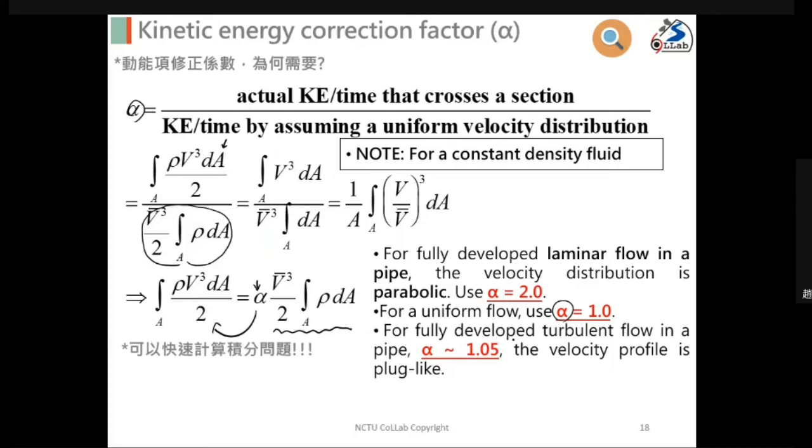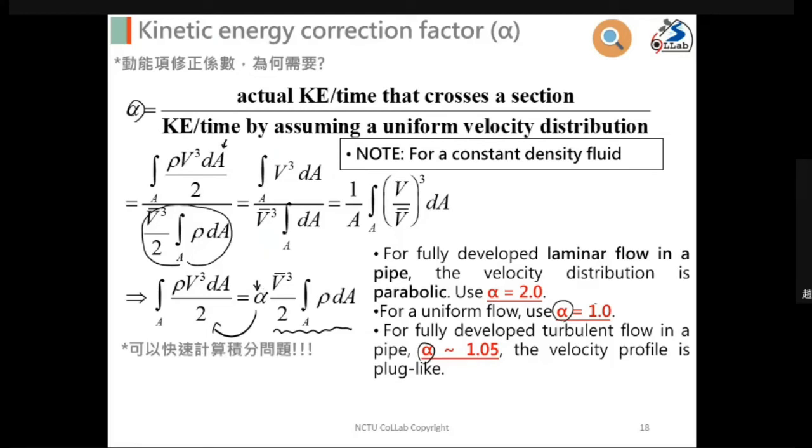And for fully developed turbulent flow in a pipe, the alpha is close to 1, because turbulent flow behavior tends to change the velocity profile toward a uniform flow. So that's why there are different alpha values for the different conditions.